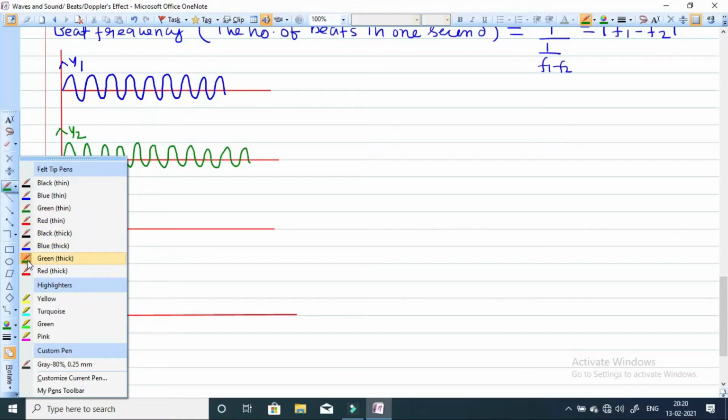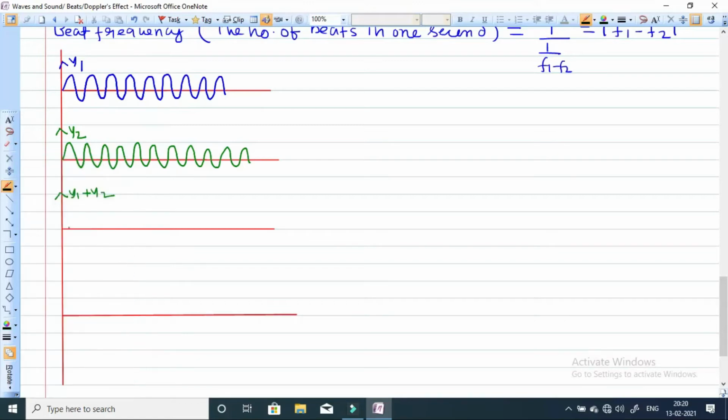Suppose I am representing it by the third wave. Let me take the black. Somewhere it will be waxing, somewhere it will be waning. Like this way we can take, no problem at all. Somewhere it will be waxing, somewhere it will be waning, and due to this resultant displacement, we can get a graph like this.